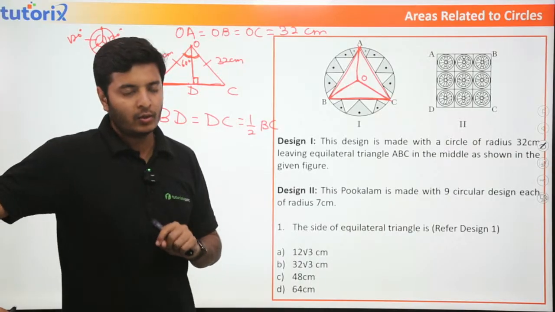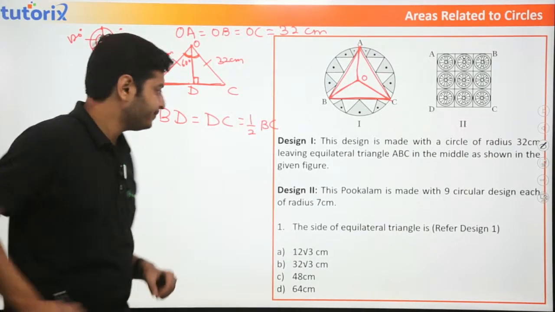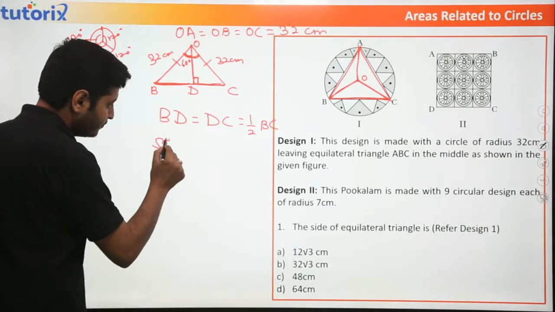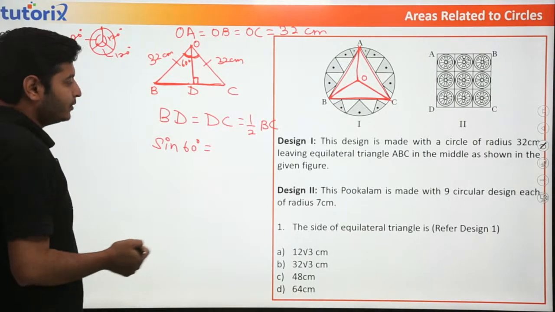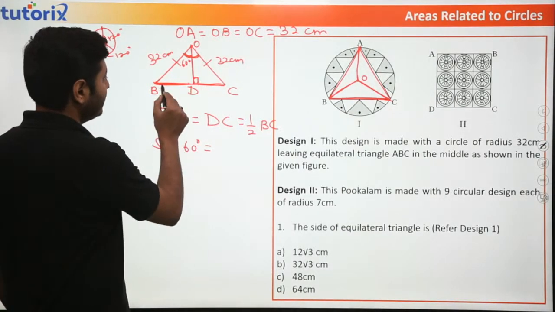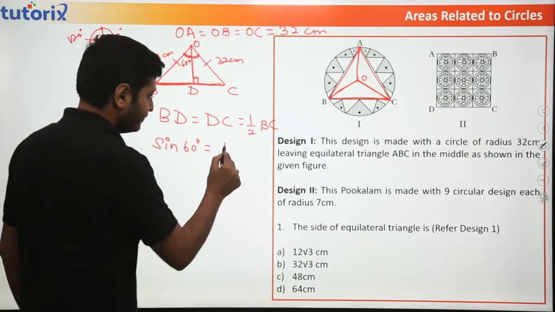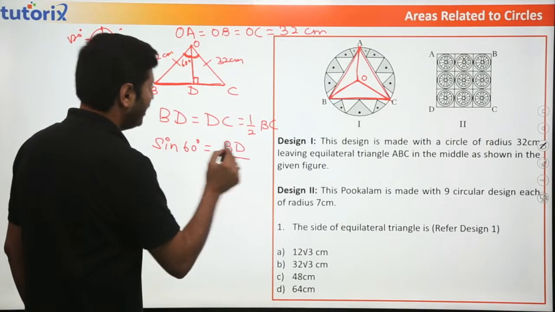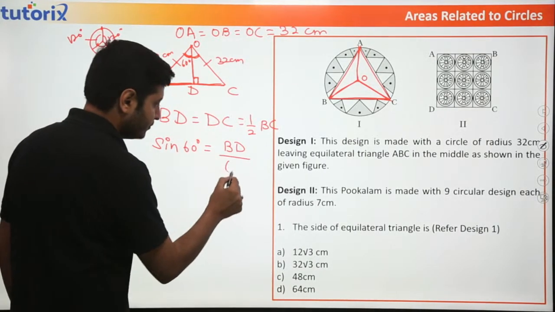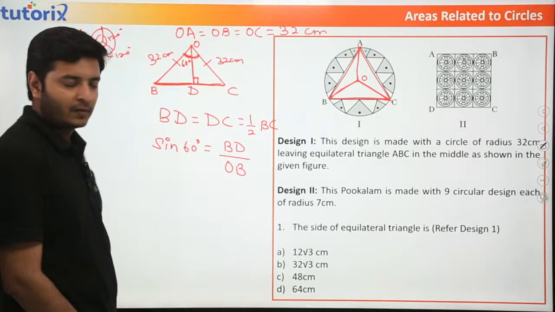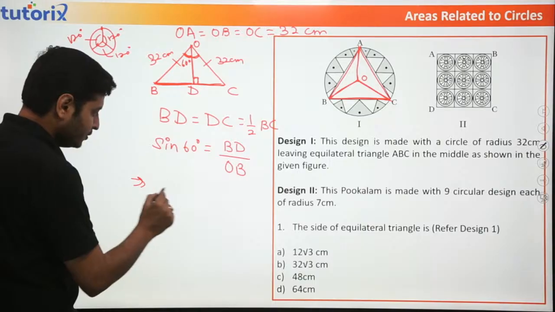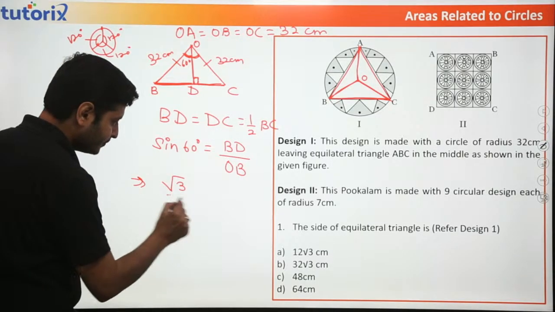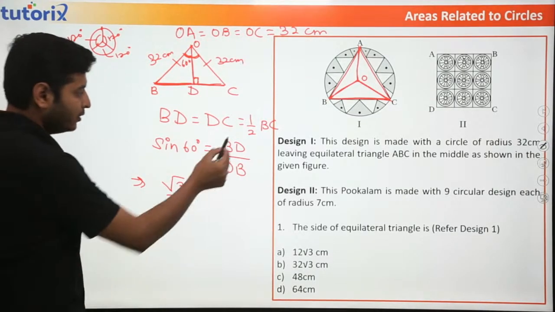We know what is sine 60 degree. Perpendicular by hypotenuse. Perpendicular in this case is BD. Hypotenuse in this case is OB. Correct. What is sine 60 degree? Root 3 by 2. What is BD?